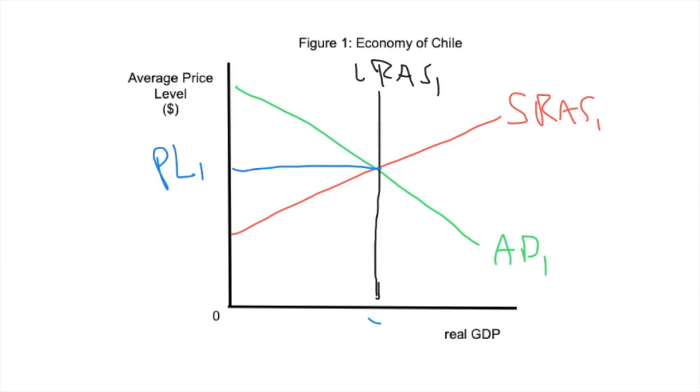And the real GDP at PL1 is going to be Y1. Why is it Y? Because Y is the variable used for income, and as you will see, or maybe you already know, real GDP output, that could all be reclassified as income. So that's why the Y variable down here is something so important.